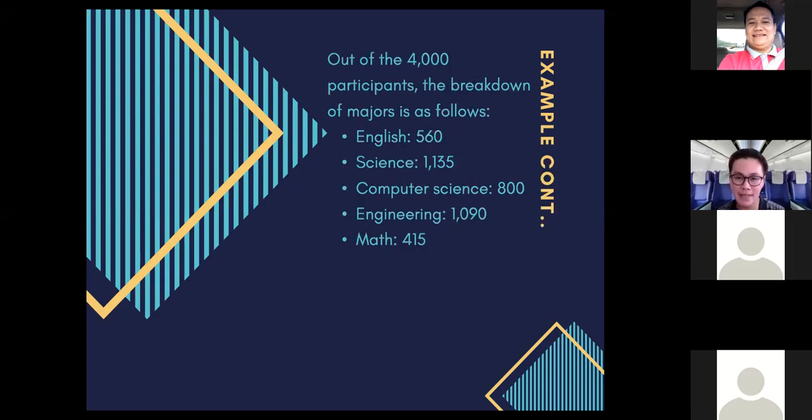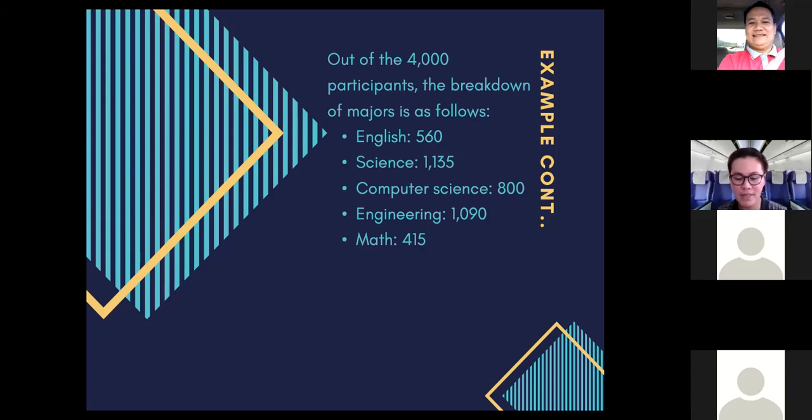There are 560 from the English major, 1,135 from science, 800 from computer science, 1,090 from engineering, and 450 from math. So how did we get these numbers: 560, 1,135, 800, 1,090, and 415? Based on my calculation with the 4,000, to get the percentage and see if their sampling was accurate.